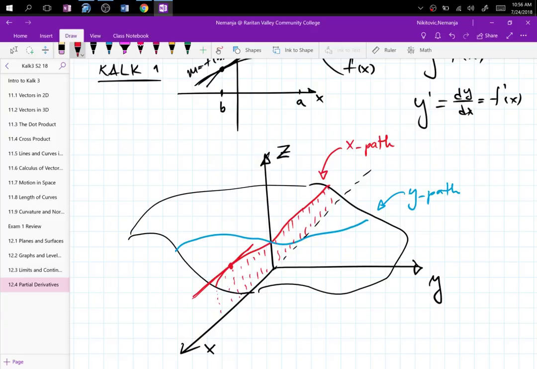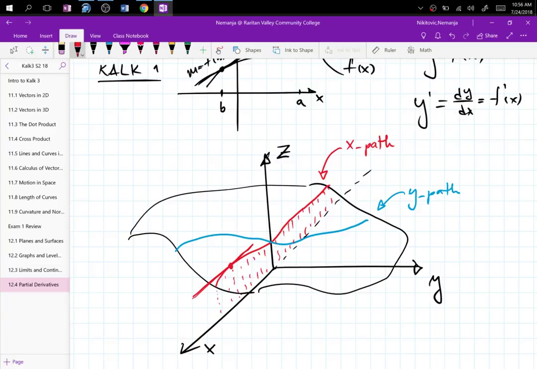So if I'm looking for the partial derivative in respect to x, I just ignore y. I keep y constant. And because y is kept constant, the partial derivative in respect to x is only going to measure the change in height, elevation, or whatever we are dealing with, temperature. Right? It's only going to measure the change in x direction.